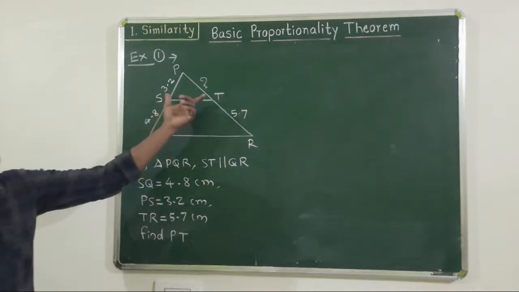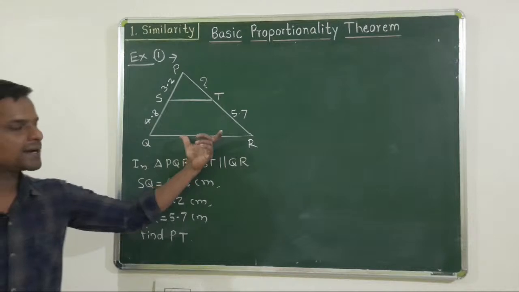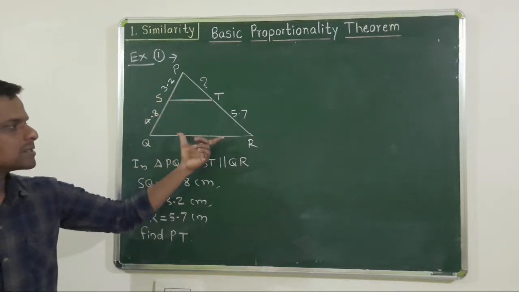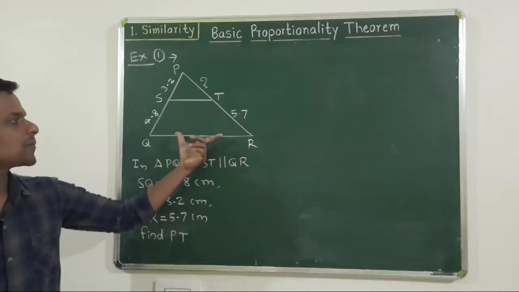And what is given? ST is parallel to side QR, meaning a segment which is parallel to one side of the triangle.